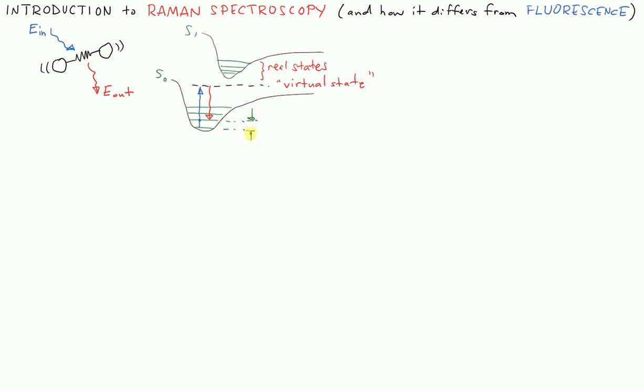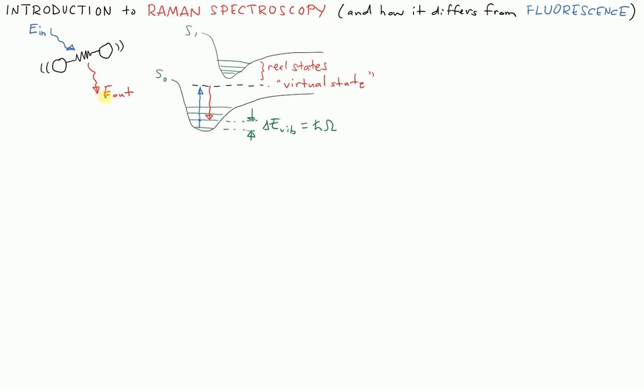And that energy difference, I'll call delta E of vibration. And if this vibration over here has a frequency capital omega, then this one quantum of vibrational energy would have energy h bar, Planck's constant divided by 2 pi, times capital omega. So that's the energy difference between the incident and the scattered photon.